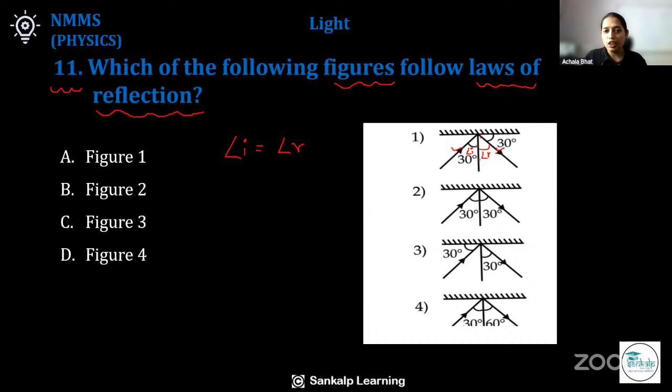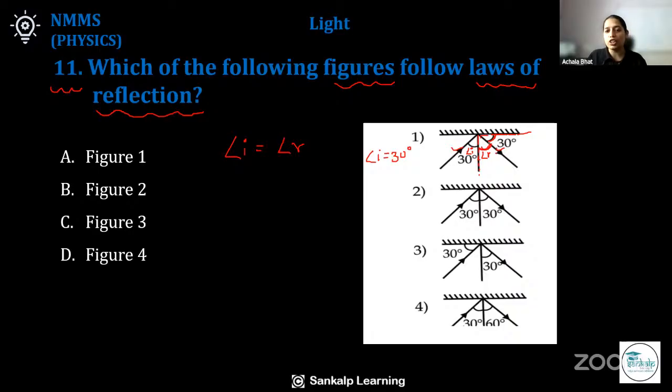See here, angle of incidence in first case is 30 degree. Now, remember, angle between this normal and this surface is always 90 degree. Now, if this is 30 degree, then what about this angle?